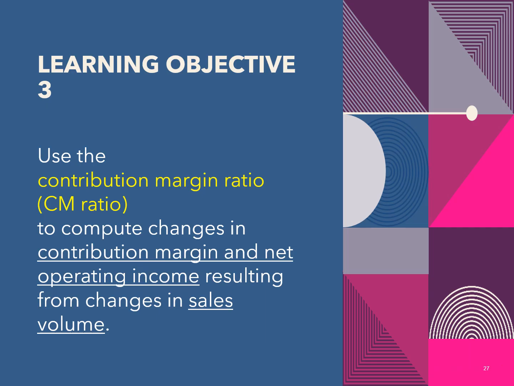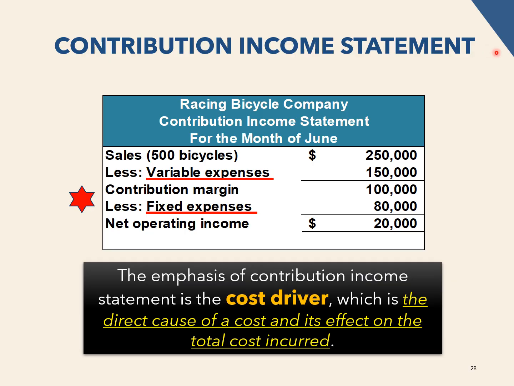Learning objective number 3 is to use contribution margin ratio to compute changes in contribution margin and net operating income resulting from changes in sales volume. This is the contribution format income statement for a racing bicycle company for the month of June.